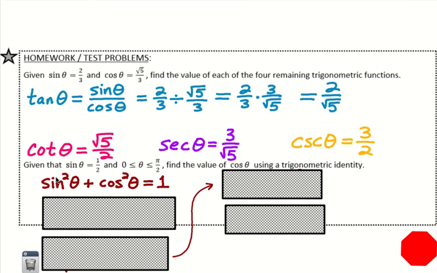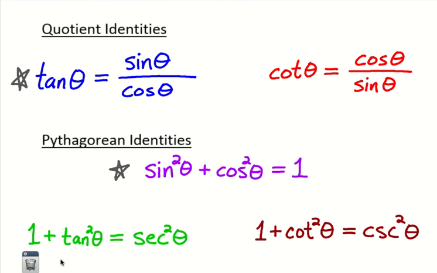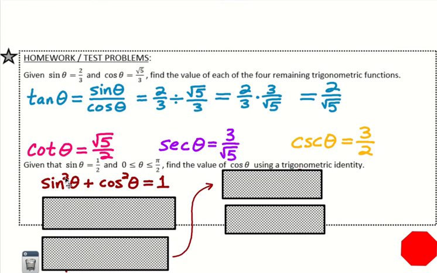So the sine of theta, and let's slow down for a second, kind of a timeout, a side note. I don't know if I've mentioned this in class yet, so I better say it now. The sine squared of theta simply means the sine of theta, squared. In other words, you could write it in a different way, like this.